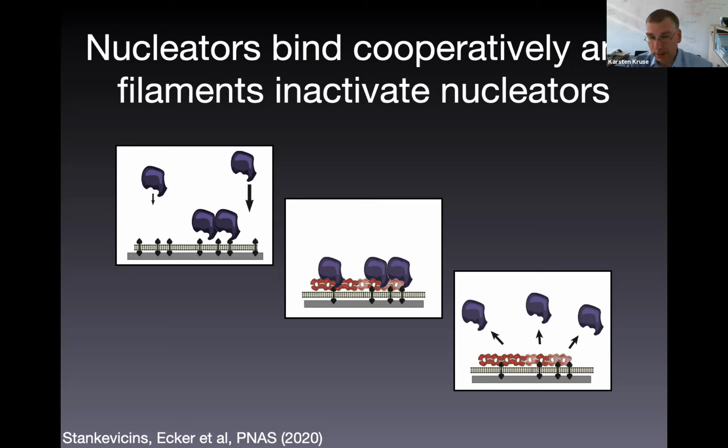And then there's a negative feedback: these actin filaments that now exist accumulate other factors that then lead to an inactivation of these nucleators. The important point to put in here is that these nucleators are activated in a collective manner, meaning that where you have already active nucleators sitting, the chance of activating new nucleators is higher.